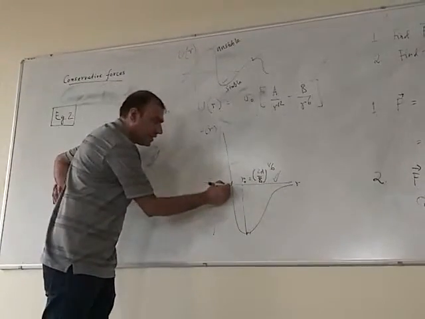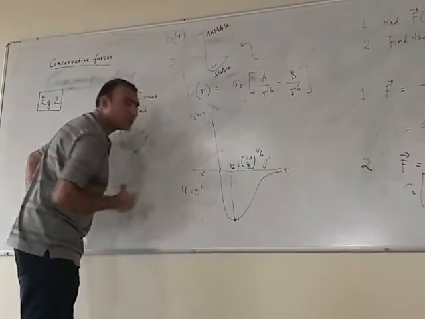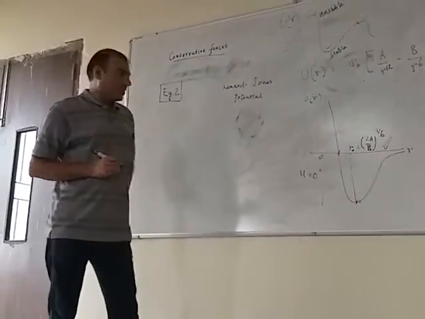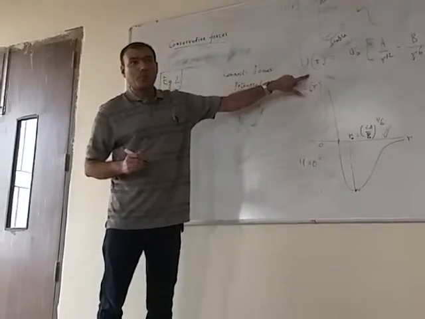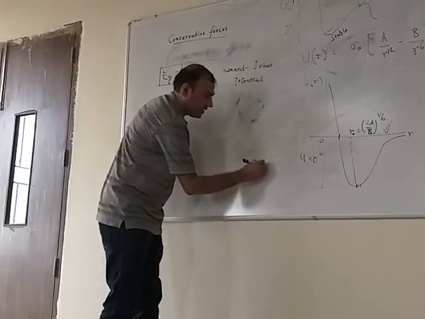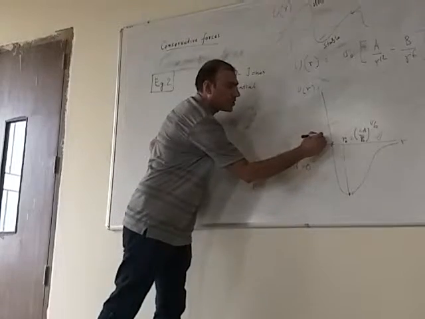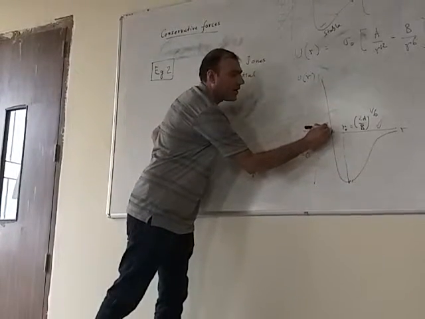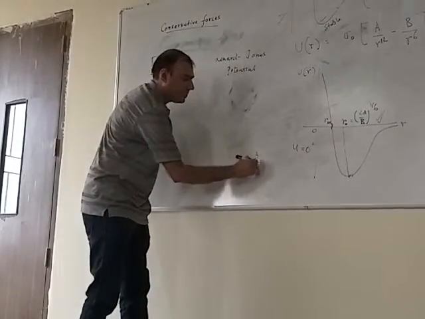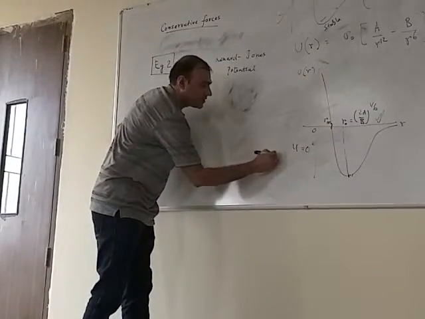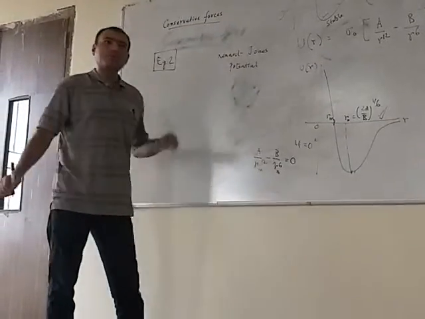So this point is basically the point where U becomes 0. So you can find out that point again by putting this equal to 0. So A over, let me call this point Rn, Rn to the power 12 minus B over Rn to the power 6, that will be equal to 0.